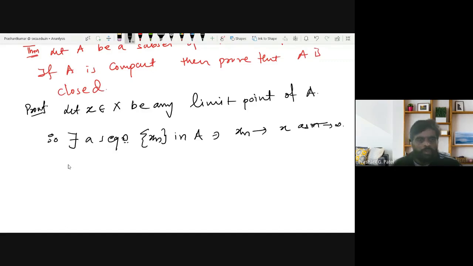What to show? We have to show that x belongs to A. That is our objective.